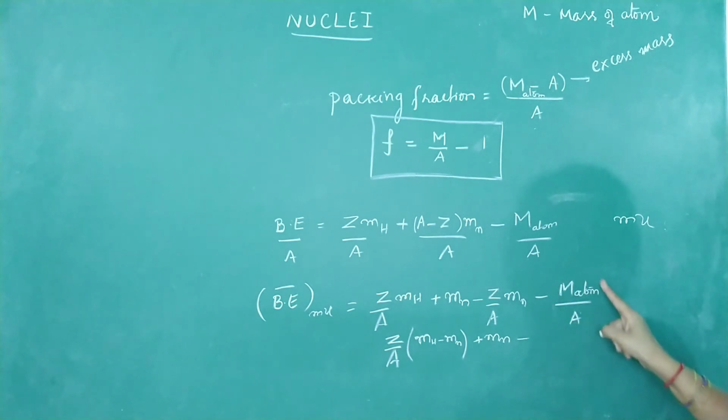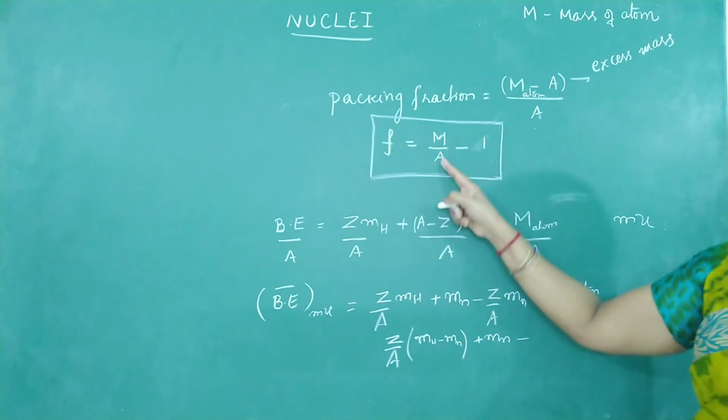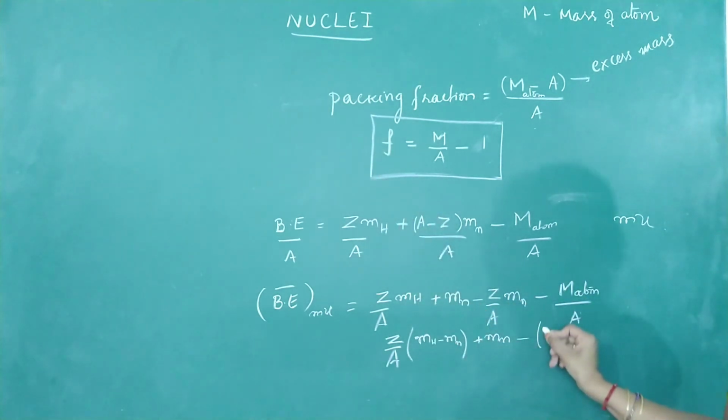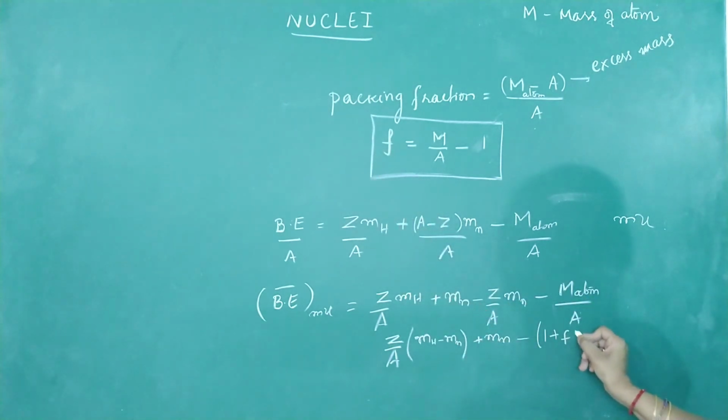Instead of mass of atom divided by A, M by A, can I write it as 1 plus F in terms of packing fraction? This is 1 plus F.